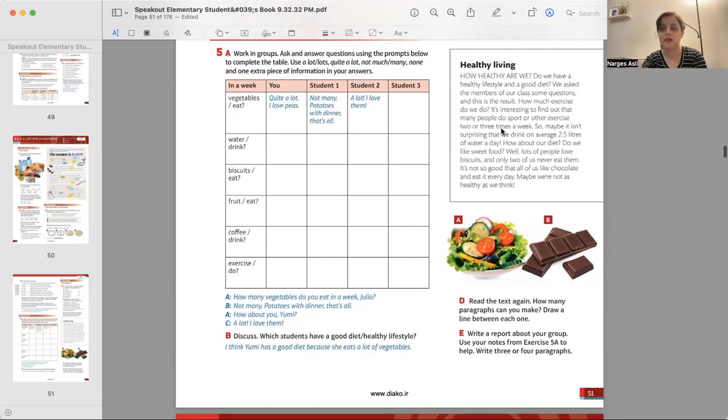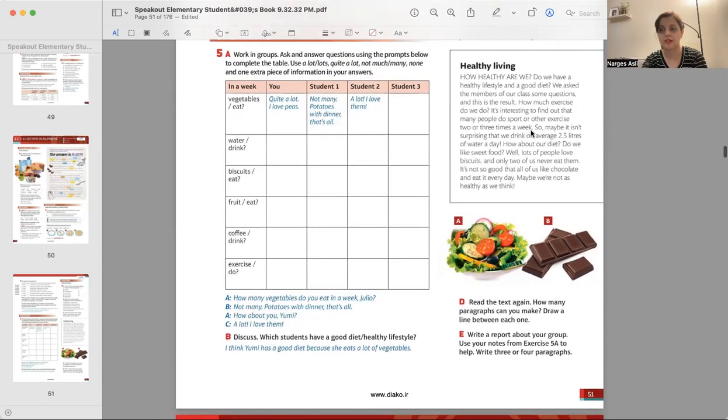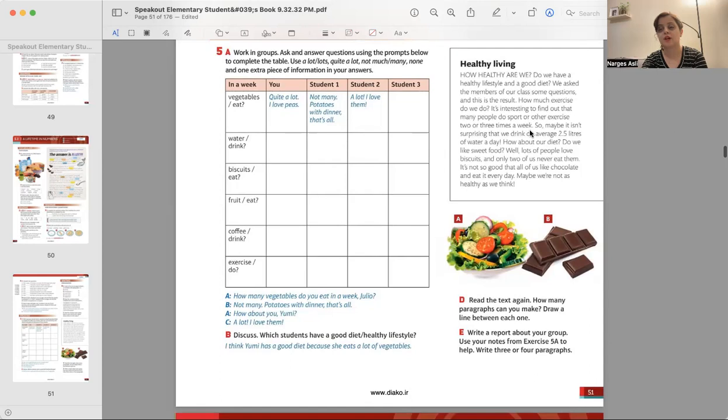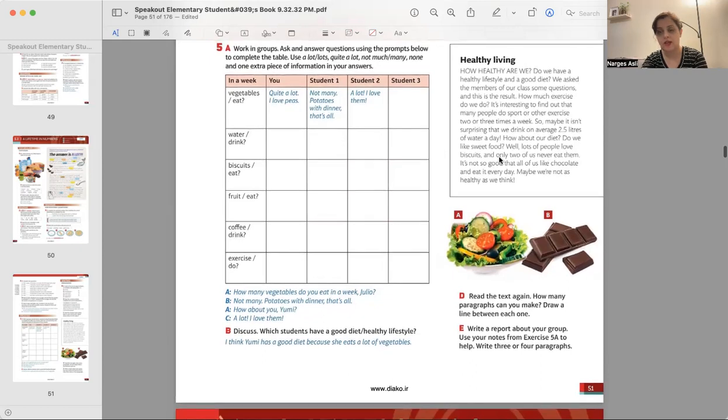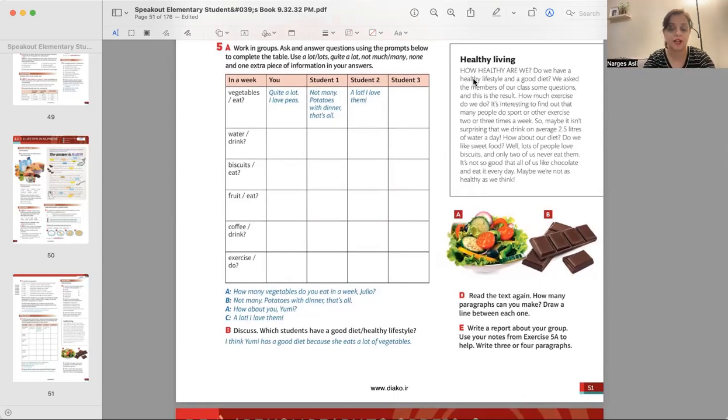It's interesting to find out that many people do sport and exercise. After that we can start a new sentence or paragraph. Maybe it isn't surprising, and so on, then biscuits and chocolate. From the top, I think we can make about 3 paragraphs.